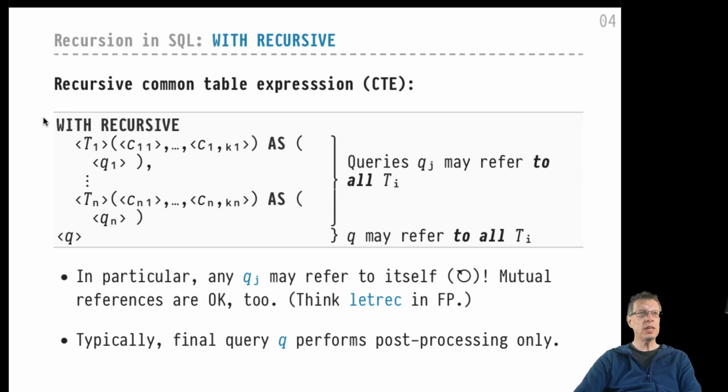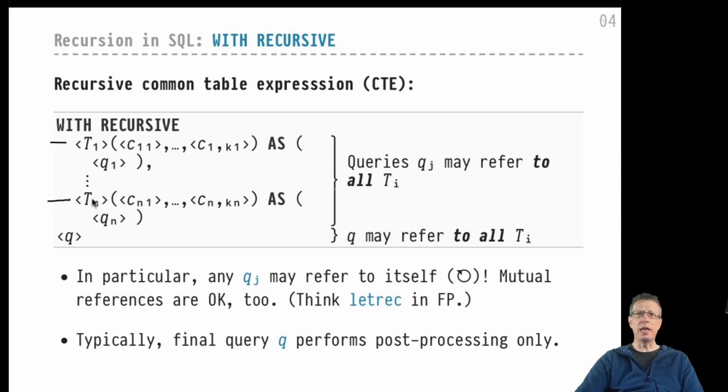All right. So the syntactic form of such a recursive query would then look like this. It would be just a common CTE query block introduced by with recursive in this particular case. All right. In this common table expression, we would of course define common tables, right? So this is one table, this is another table.